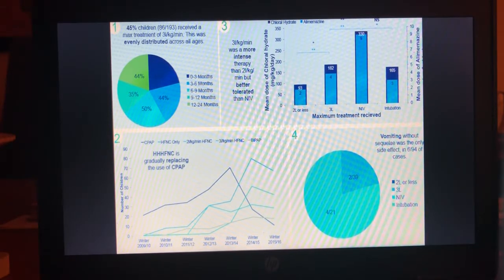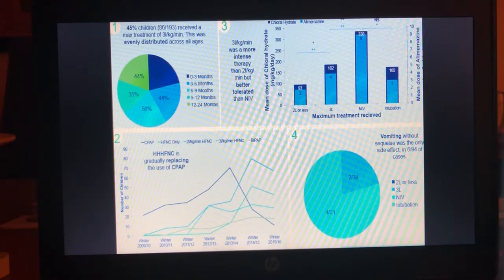You'll see firstly that there's a dark blue line which increases from the 2009-10 winter period and peaks at 2013-14. This is the line showing the number of children receiving CPAP, and then you can see a dramatic fall in the winter of 2014-15 and a further fall again in the winter of 2015-16.